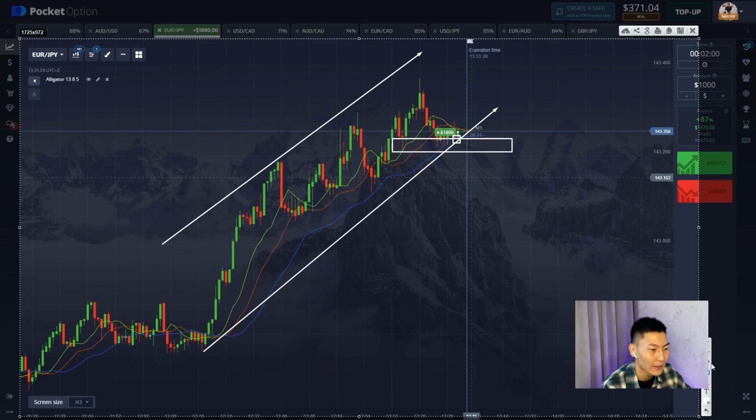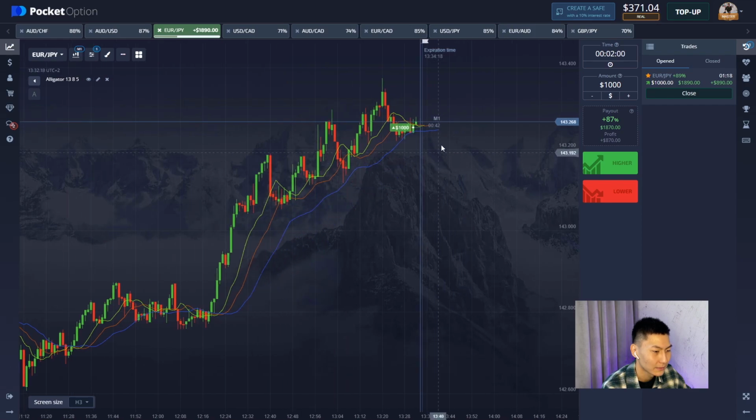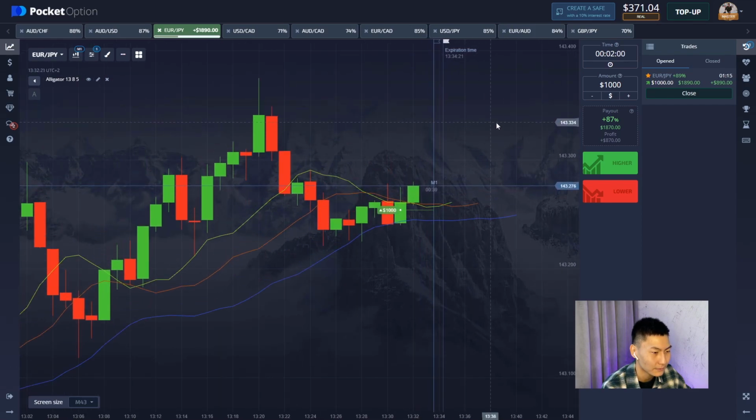There was no breaking down of this channel. And the correction after this level, I think the price has to go up because this correction was massive for this particular moment. However, there is a strong uptrend, and the price will go to the upside.